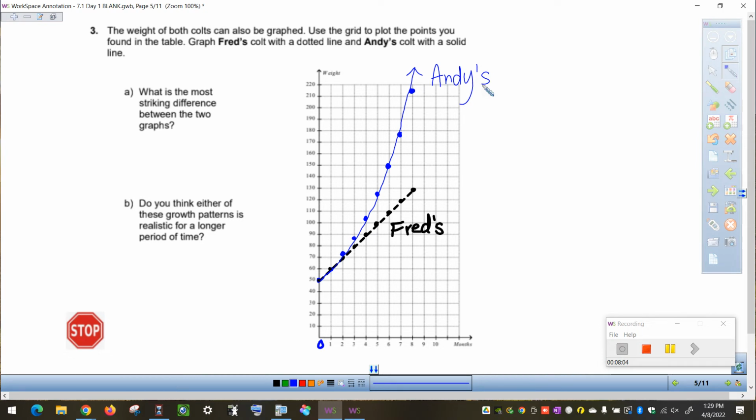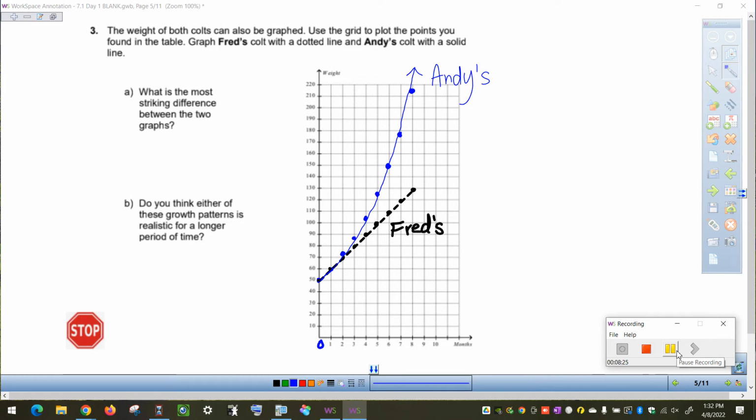Once you have your graph done, I want you to take a moment to answer questions A and B. For part A, answer what seems to be the most striking difference between the two graphs. And part B is, do you think either of these growth patterns is realistic for a longer period of time?